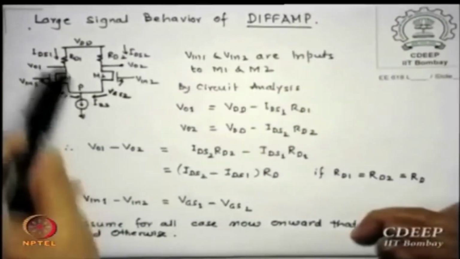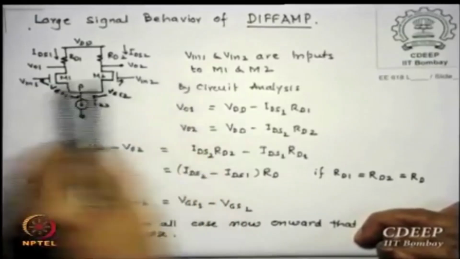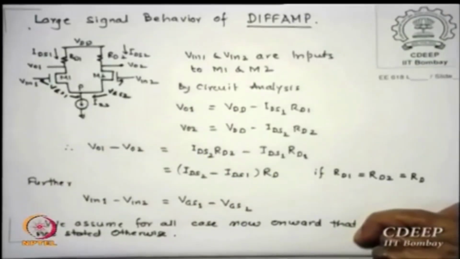Before I go ahead, let me physically tell you what I am trying to say, so that you are aware of this whole expression which I derived. Is that okay? You have written down these 3 lines? What I am trying to say is that the difference of these two currents IDS1 and IDS2 is a function of the difference in Vin1 and Vin2. But if Vin1 is equal to Vin2, then we believe that IDS1 minus IDS2 must be 0, they must be equal.